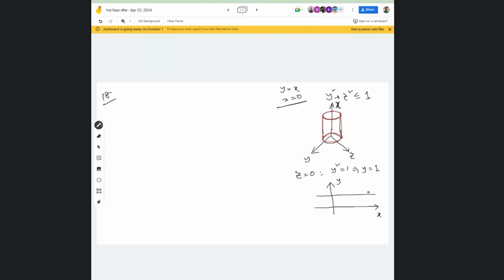This is y equals 1, and this is y equals x. So what is the coordinate? This point is, I guess, (1, 1), right? The coordinate on the axis, y equal to x, or x equals to y.